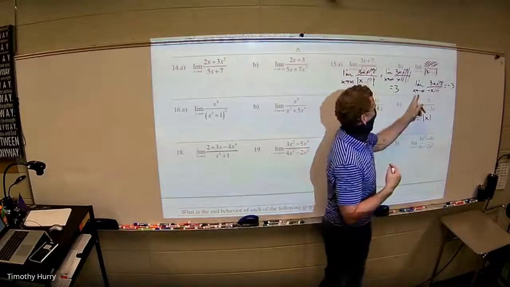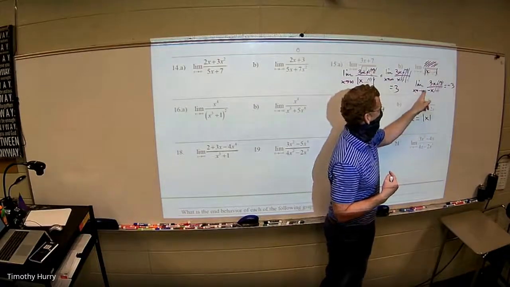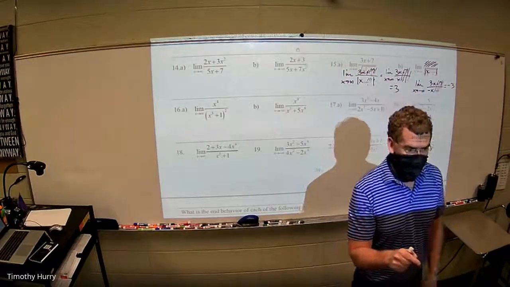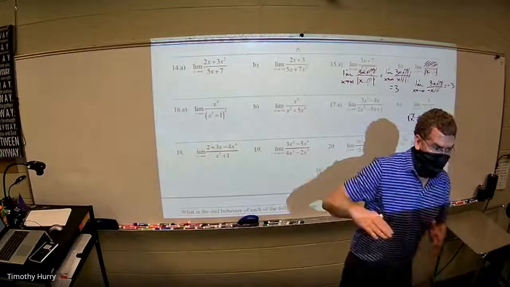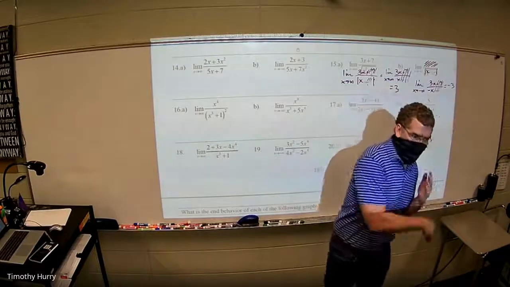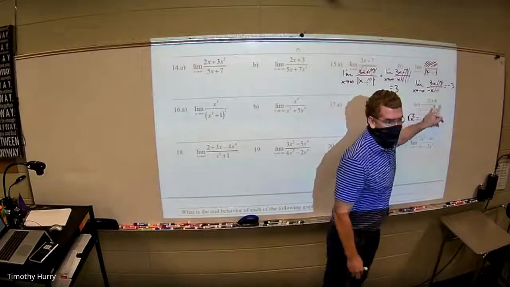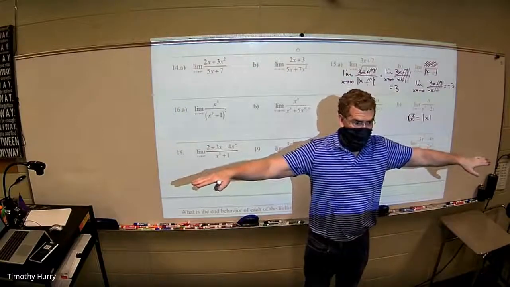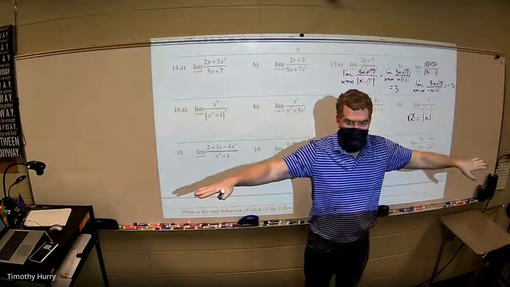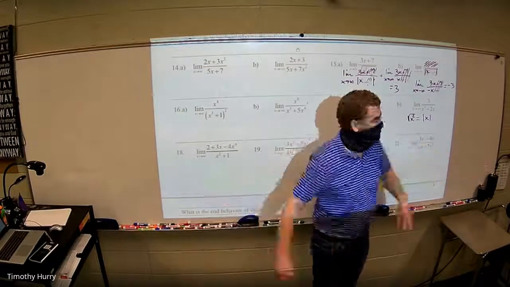The only time I'm going to actually have to plug in a big number is when the power's bigger on the top. When the power's bigger on the top, I've got to see which way it's going, right? It's either going up or it's going down. But when the powers are the same, it's a horizontal asymptote, right? It's not going up or going down. It's going at the horizontal asymptote. And what is that horizontal asymptote?